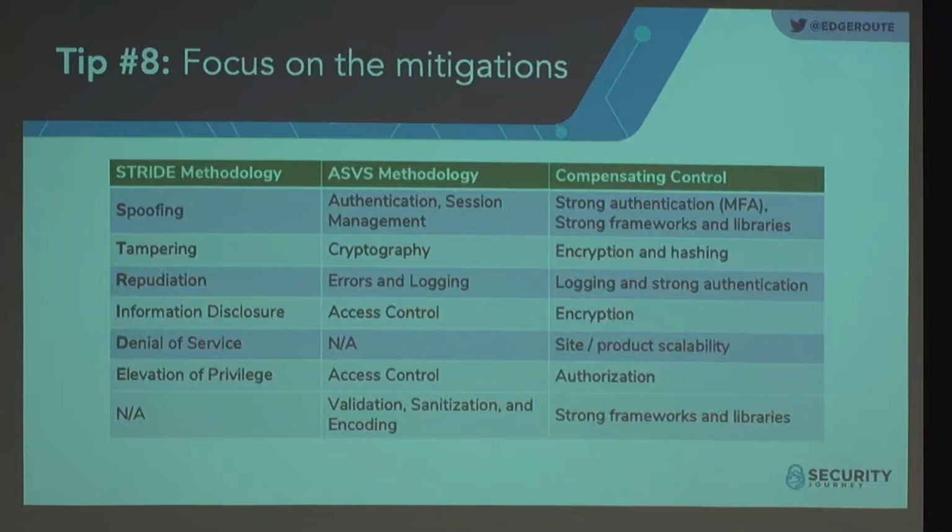We're not coding at this point. Sometimes we are, but we're trying to do this as a design time activity. Even in a DevOps world, you've got to design. You can't just code something and then go, that's my design. I don't believe it. I mean, you might be able to do it, but I won't believe you. So spoofing, authentication, session management, this all points back to strong authentication with MFA, strong frameworks and libraries. I'm not creating anything new here, right?